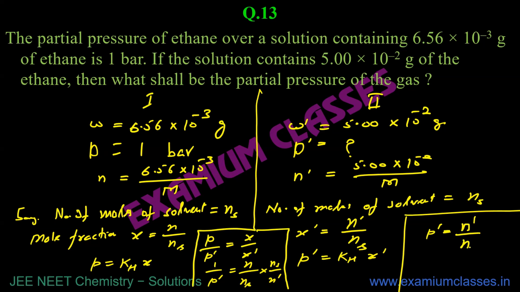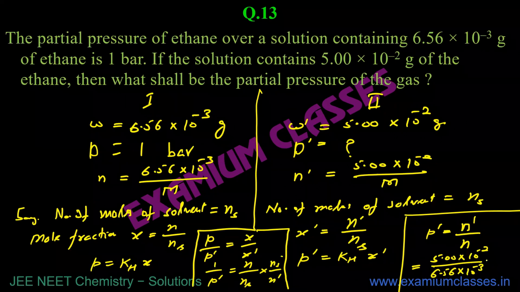N dash by N. Then you simplify this equation. That is, P dash is simply 5 into 10 to the power minus 2 divided by 6.56 into 10 to the power minus 3. When you solve it, you will get 7.62 bar.